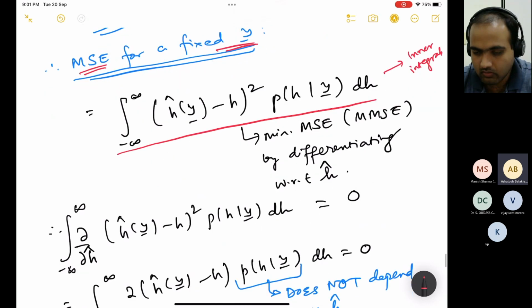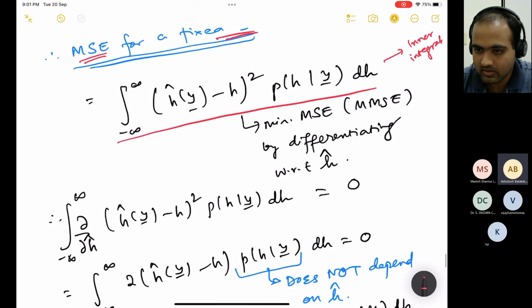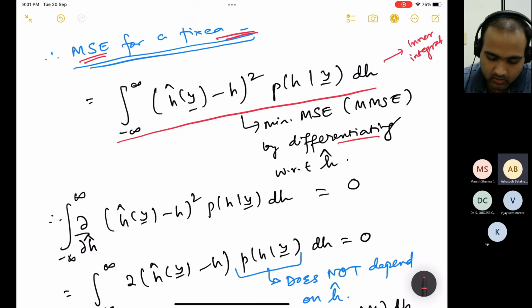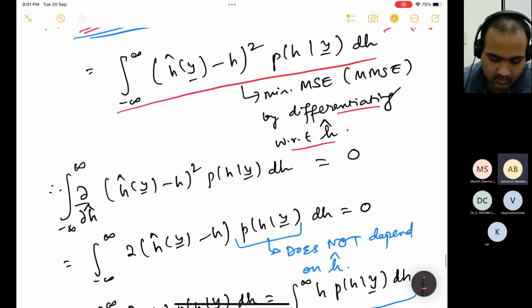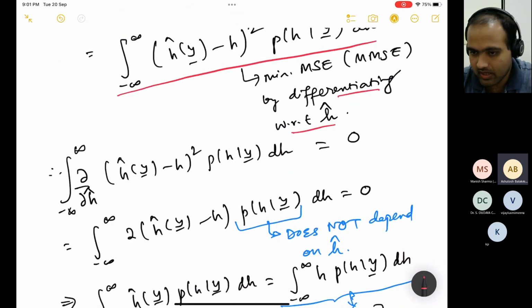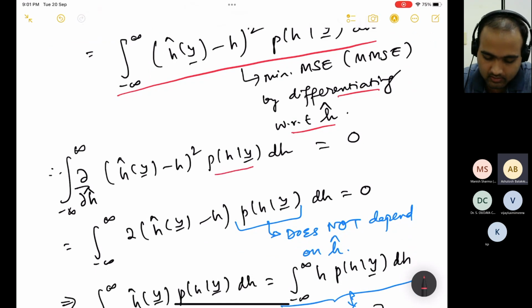Okay, and how will we solve this? To solve this, we need to differentiate it. So we are going to differentiate with respect to h hat, so del by del of h hat. If I differentiate it, just note that this probability of h given y does not depend on h hat.